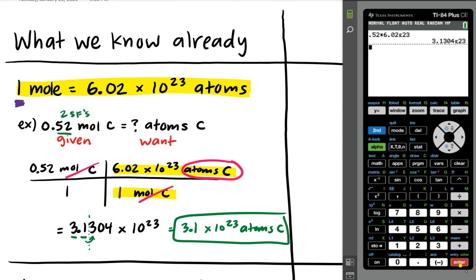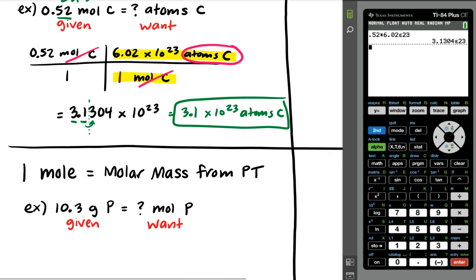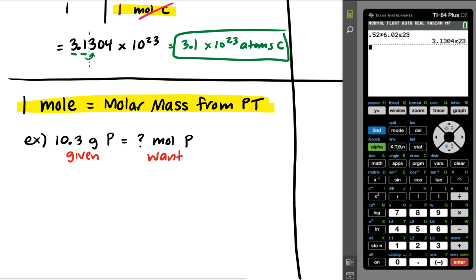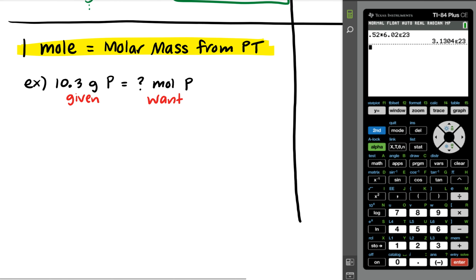What's another conversion factor that we already know about the mole? We know that 1 mole is equal to the molar mass from the periodic table. So for example, if we wanted to convert 10.3 grams of phosphorus into moles of phosphorus, I would look at the periodic table and look up the mass for phosphorus.